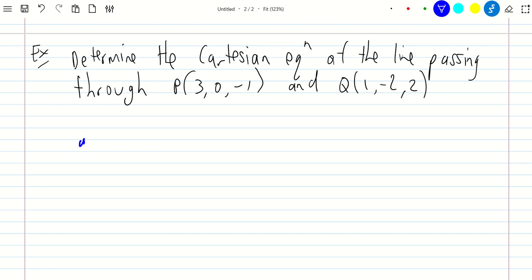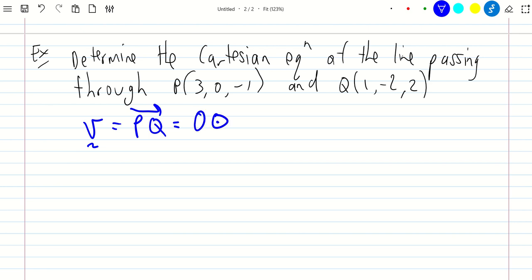If you think about this, if you've got point P and you've got point Q, then we know that the direction will be the line PQ. So PQ will actually give us our direction, and that's what we're going to use here. So our direction vector v is going to be equal to vector PQ. What is vector PQ?